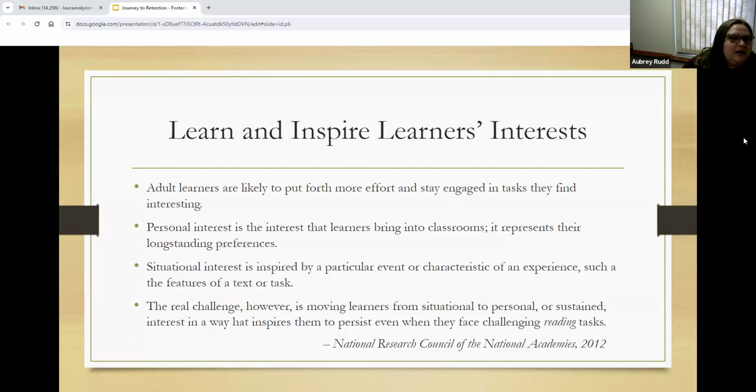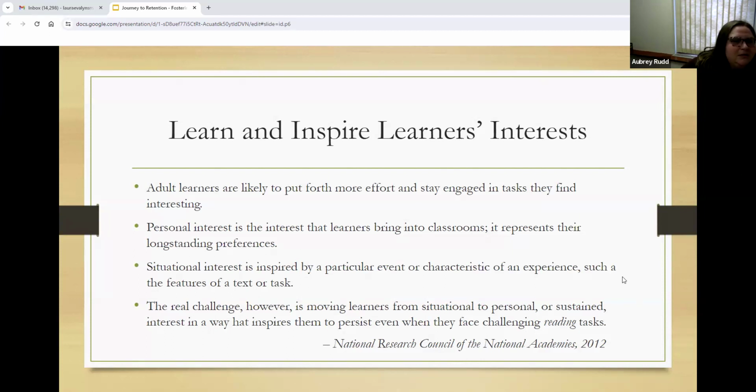Adult learners are likely to put forth more effort and stay engaged in tasks they find interesting. Personal interest is the interest that learners bring into the classroom. It represents their long-standing preferences. Situational interest is inspired by a particular event or characteristic of an experience, such as the features of a text or task.